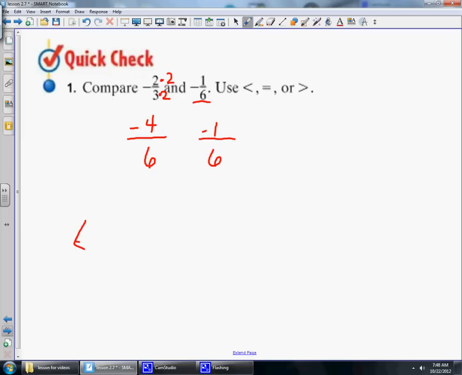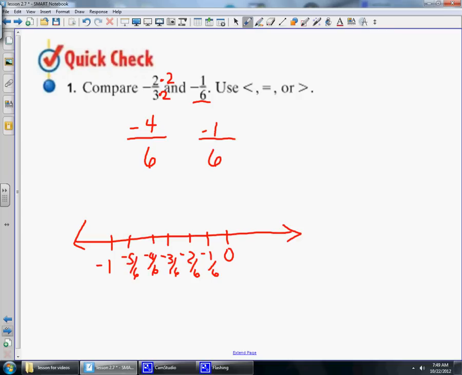Now when we think about a number line, we start here at 0 and this is -1, and we divide this into 6. This would be -1/6, -2/6, -3/6, -4/6, -5/6.